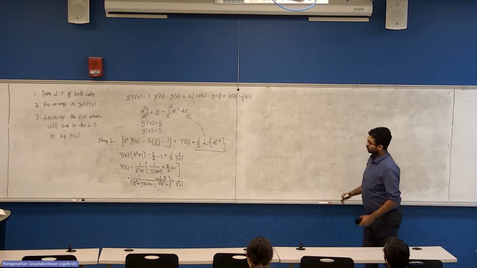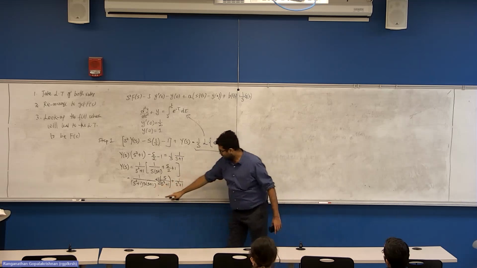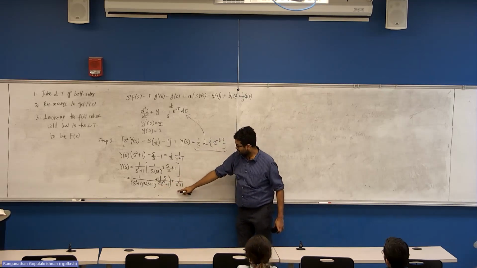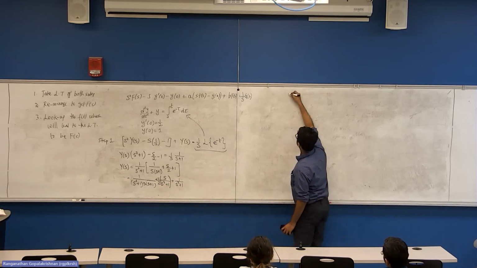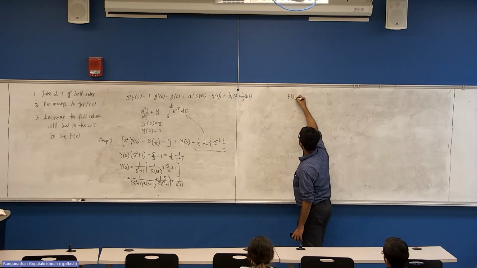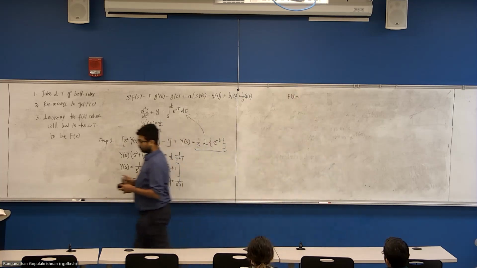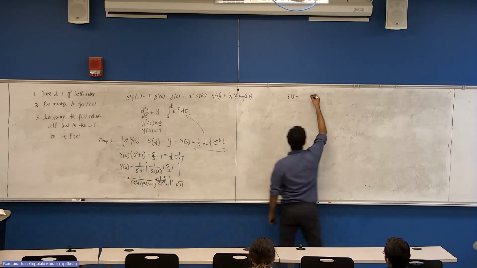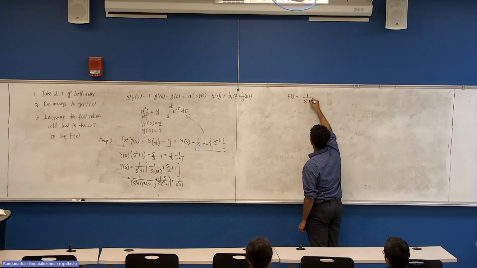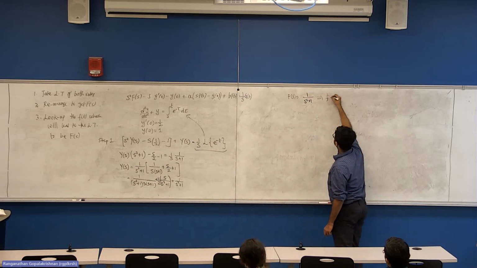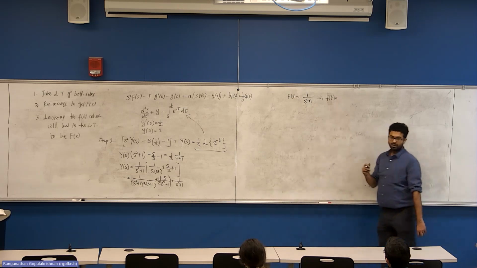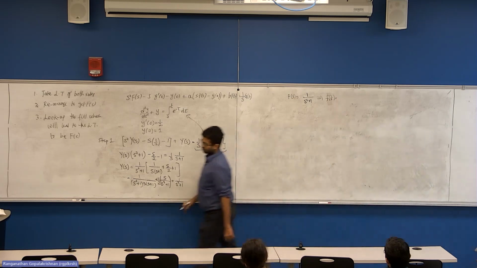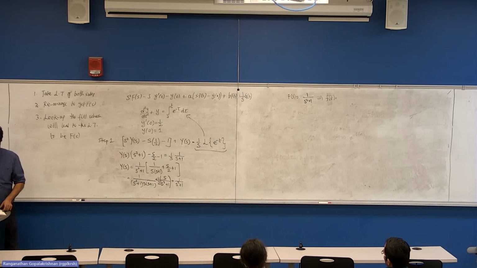Before we deal with the first term, let's deal with the second and third because they look simpler. If the Laplace transform of something is 1 over s squared plus 1, obviously that function is what? You can look up table 6.1, or we did this at the start of the class.